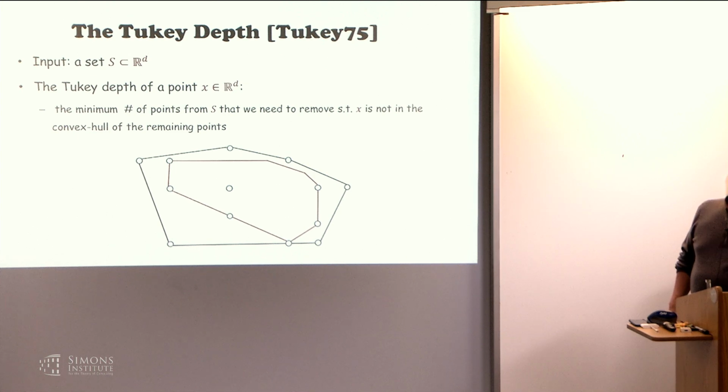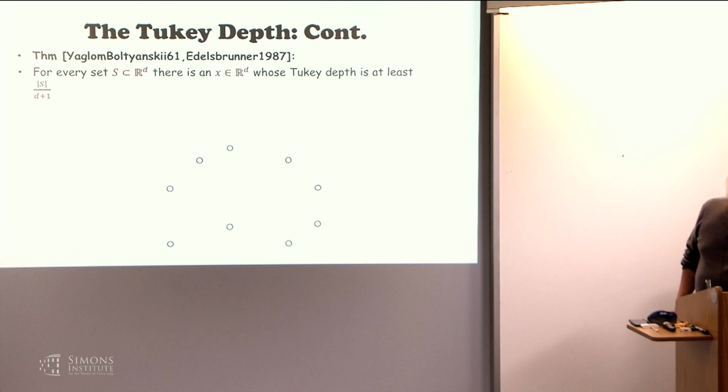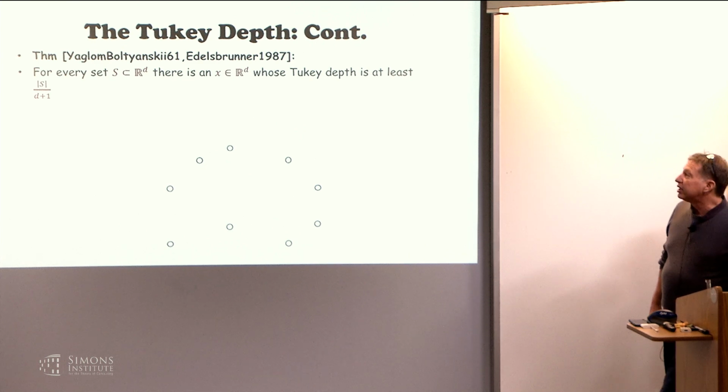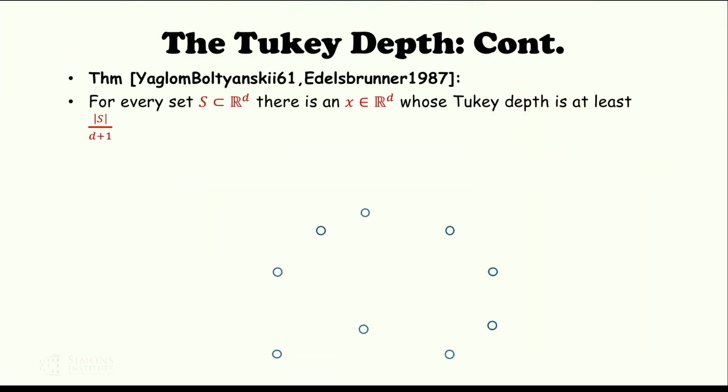And the Tukey depth has a very nice property that we'll use. For every set S in R to the d, there's a point x in R to the d whose Tukey depth is at least |S| divided by d plus 1. Let's see that this is reasonable.